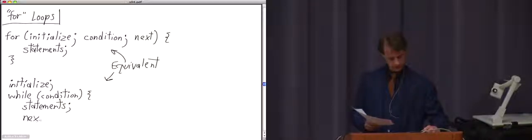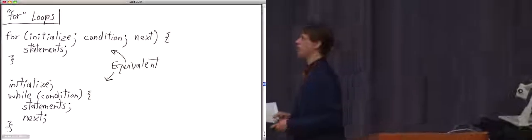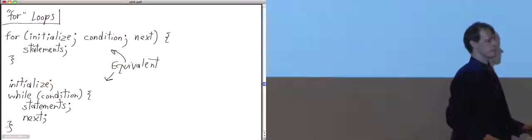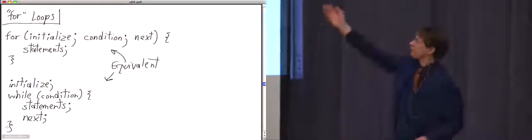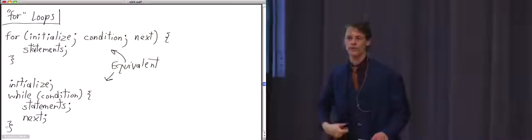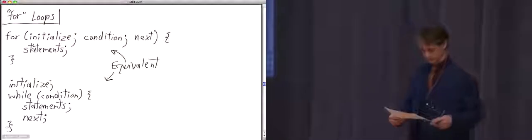And then we finish each loop iteration by doing the next expression from the for loop. So whenever you see a for loop, you can mentally transform it into a while loop that will help you understand exactly what it's doing.